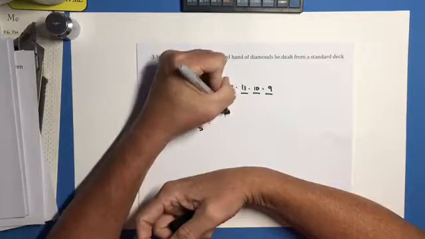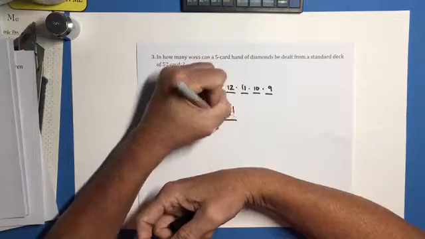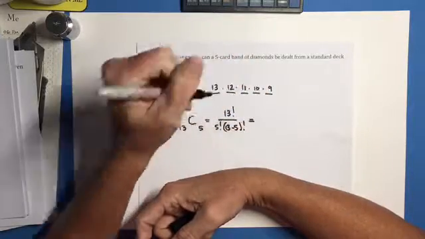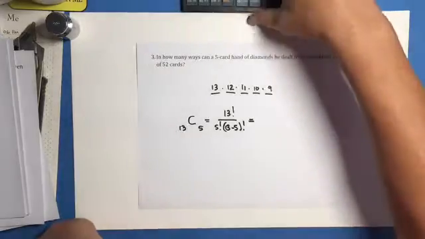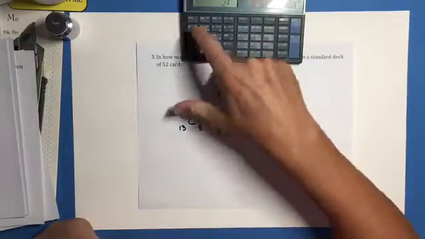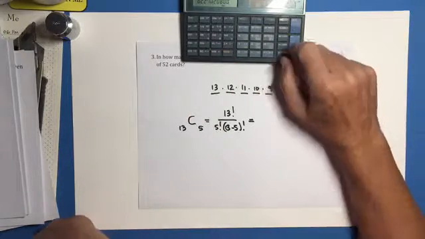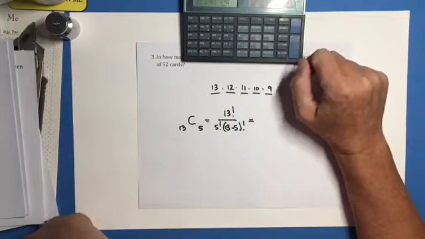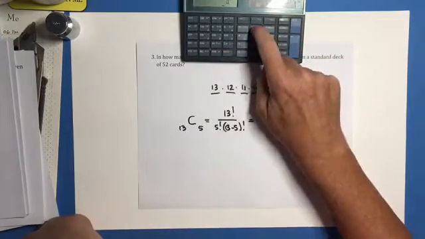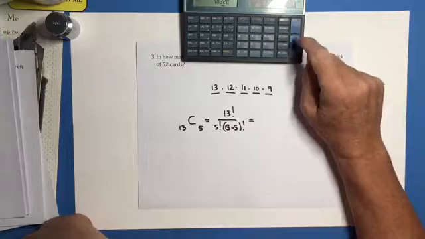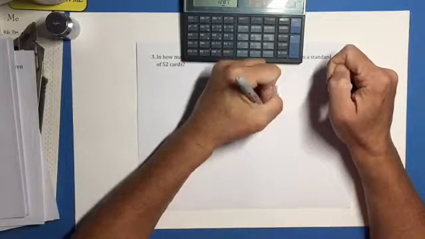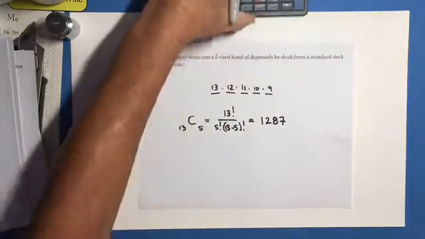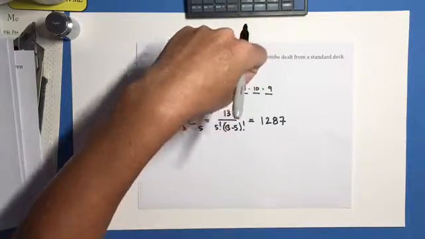So according to our formula, this should be 13 factorial over 5 factorial times 13 minus 5 factorial, which is 13 factorial, that's a ginormous number, divided by 5 factorial, which I know is 120, and divided by 8 factorial, 40,320, 1,287 ways to deal a hand of 5 diamonds from a deck of 52 cards.